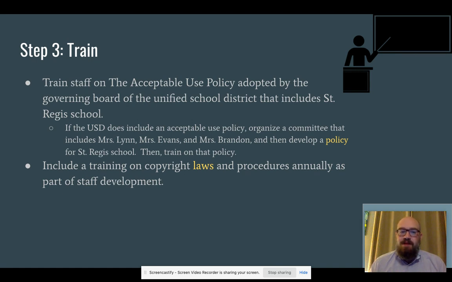And to me, those people are Mrs. Lynn, Mrs. Evans, and Mrs. Brandon, to work within the constraints and the parameters of the law and the licensing agreements to come up with an ethical way to utilize those materials. And then finally, we want to train on that policy. We'll also include a training on copyright laws and procedures annually as part of staff development.